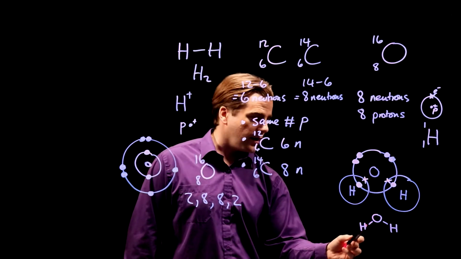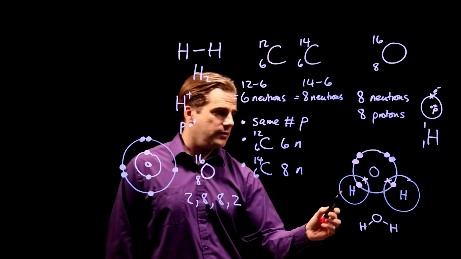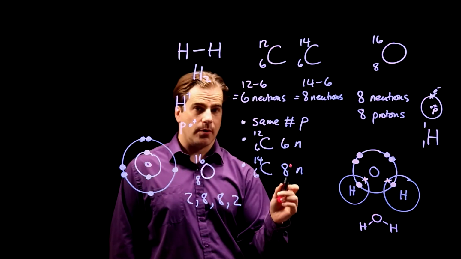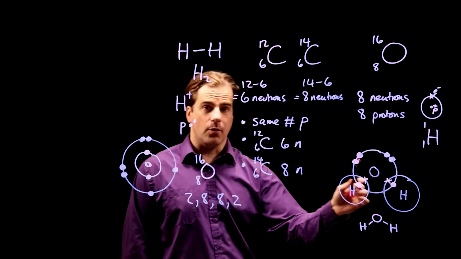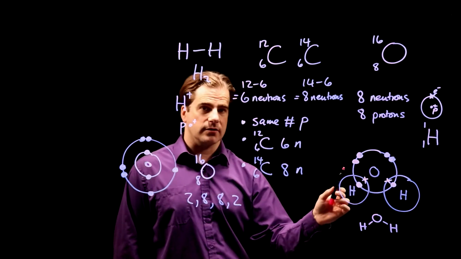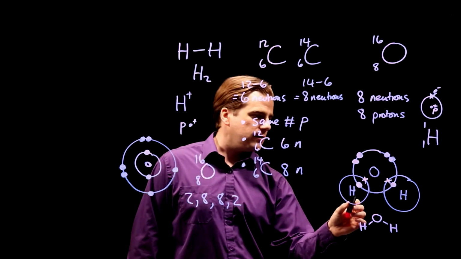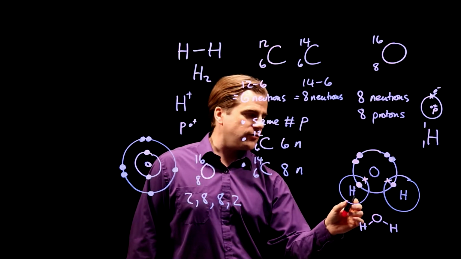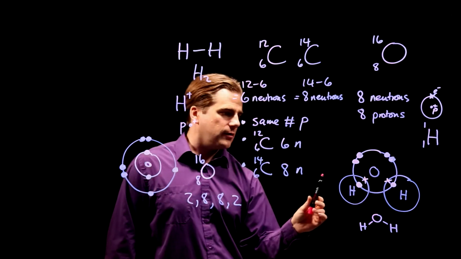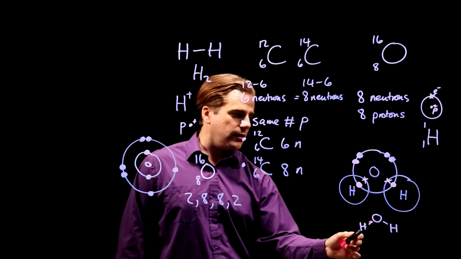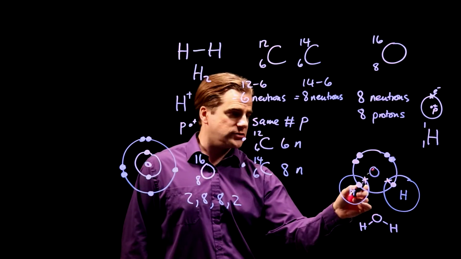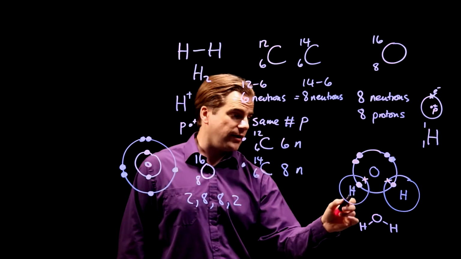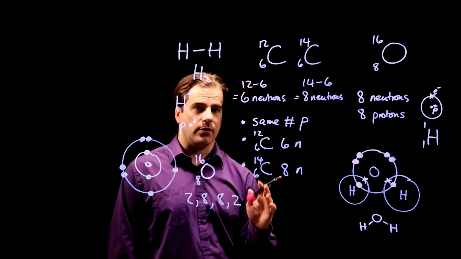A single line like that from the oxygen to the hydrogen is a single covalent bond. And this is that in just more detail, showing the individual electrons. 2 electrons constitutes a single covalent bond. These 2 atoms, the oxygen atom and the hydrogen atom, are sharing these 2 electrons, and that's what the covalent bond is.